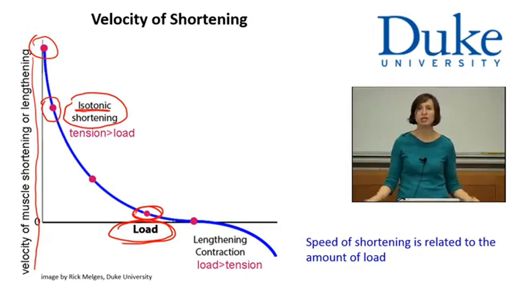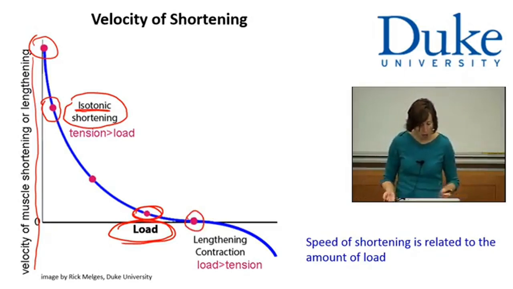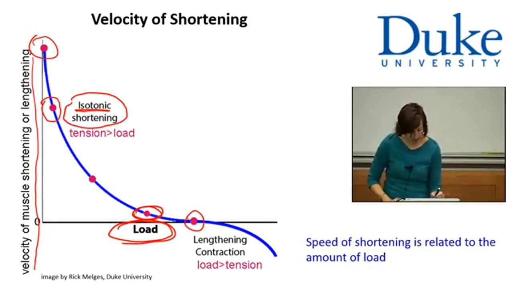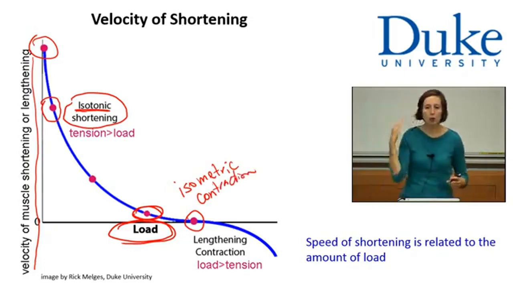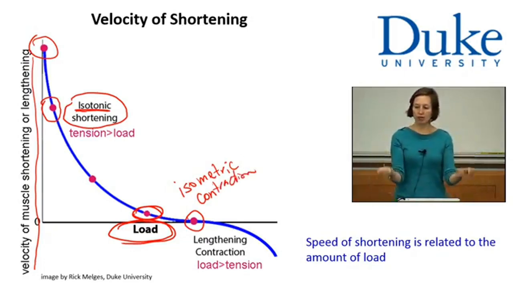But eventually, as we keep piling on weight and piling on weight, we will get to this point right here, which is where we have isometric contraction, which is where we have reached our maximal load that we can hold. So it's just heavy enough that we can no longer shorten our muscles, but yet we can hold it.